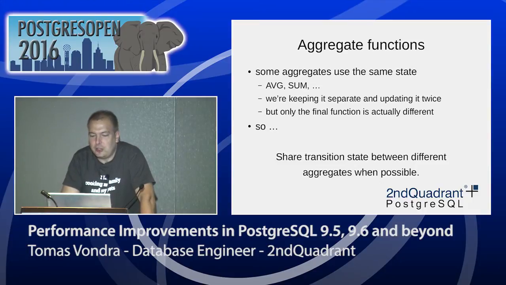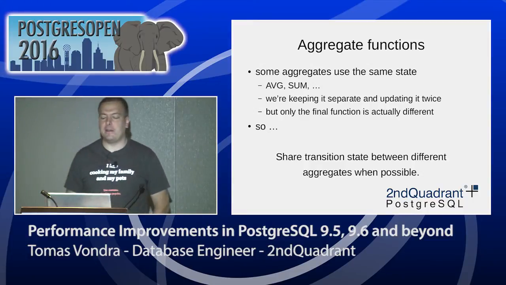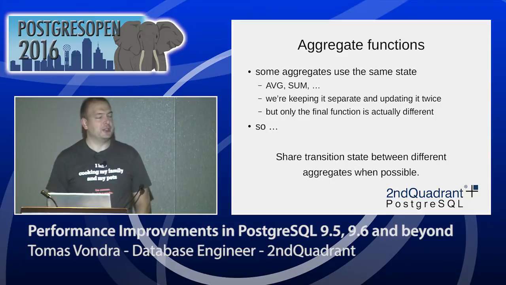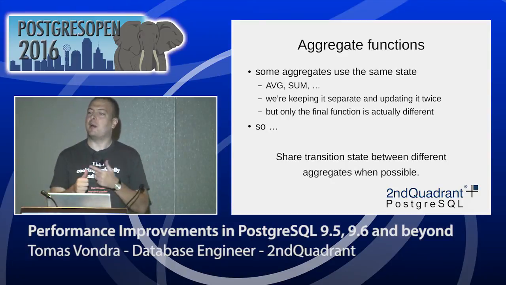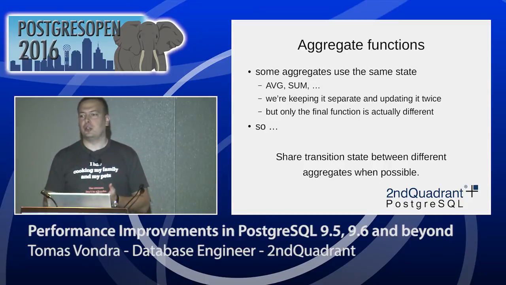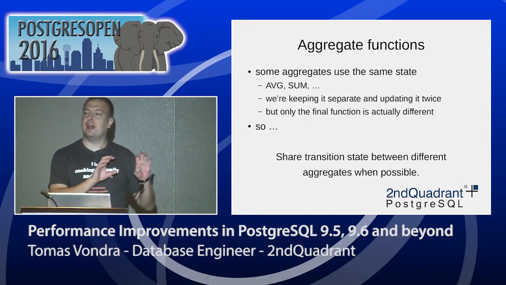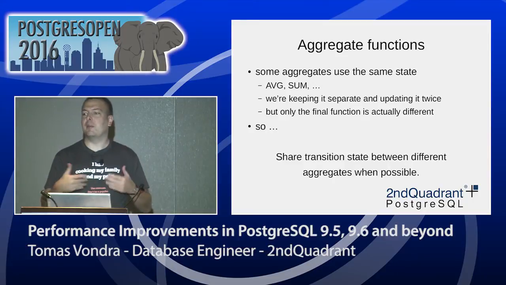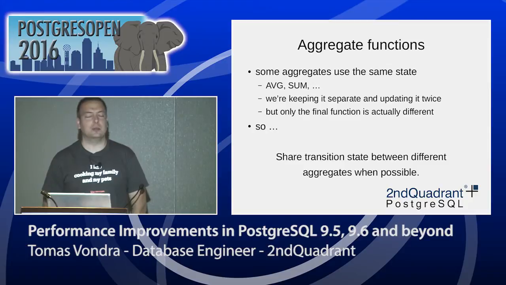Yeah, so the next feature is aggregate functions. There's fairly annoying behavior in the old versions of Postgres. So if you do, for example, multiple aggregate functions like sum, average, and so on, they internally use the same state, right? So they keep the same type of information, and each of them has to update that independently, which means that's a lot of computation in some cases.